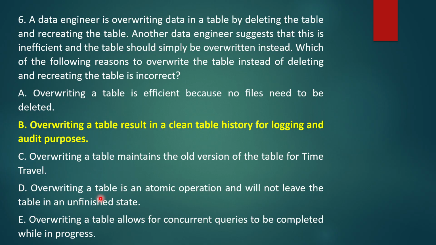Option D, overwriting is an atomic operation and will not leave the table in an unfinished state, so there is no risk of partial writes or corruption. Option E, overwriting a table allows concurrent queries to be completed while in progress, is also a correct reason to prefer overwrite.